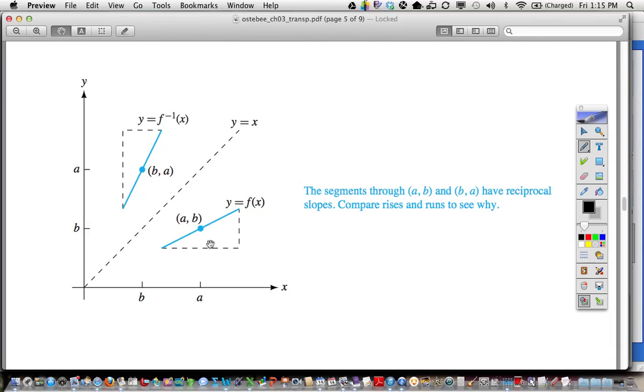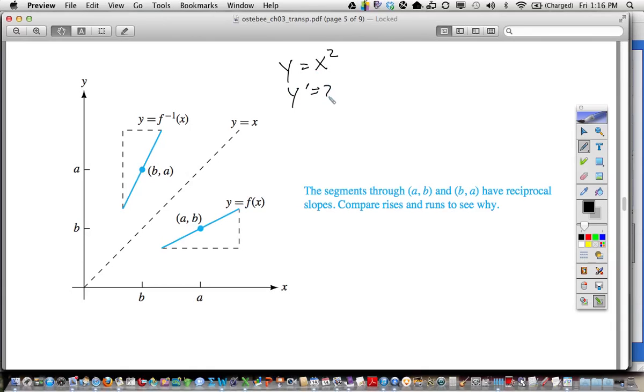Okay, but not only that, but look where the slopes happen. The slope on this one happens at an input of b. The slope on this one that's reciprocal happens at an input of a. Why? Because you switch the input and the output. Okay? So that means that x squared, we know x squared has slopes of 2x.